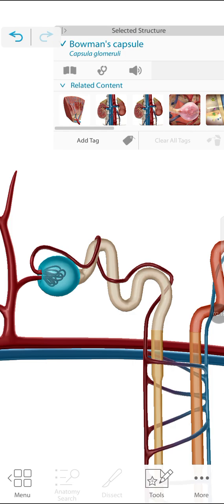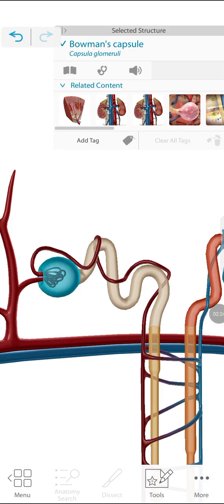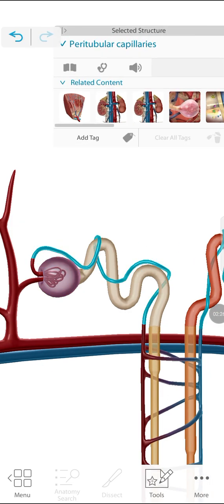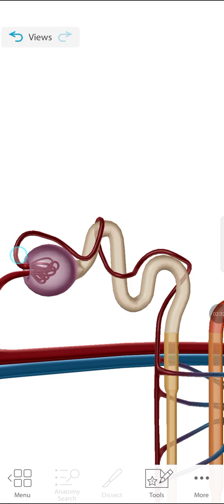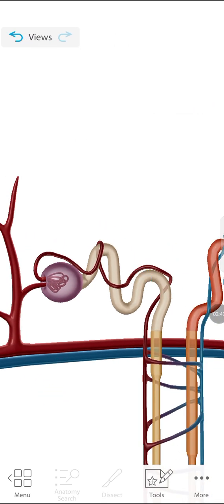Then we've got the glomerulus inside here, a tuft of capillaries that is inside there. That's a glomerulus. Then we've got the efferent arteriole. This is the efferent arteriole here. So there's efferent arteriole, peritubular capillaries.